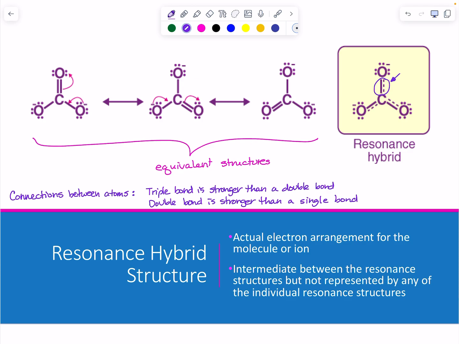Sometimes they're here, and sometimes they're here, okay? And so what we would have to say is this is a double bond, or it's a single bond plus 1/3 of a bond, right? So 1/3 is like 0.3.